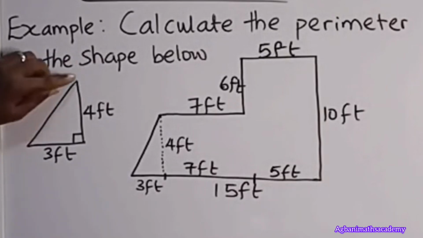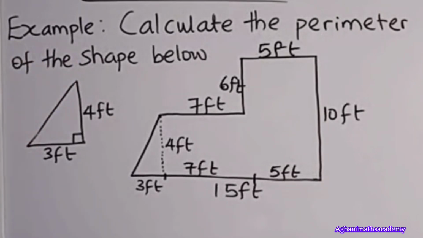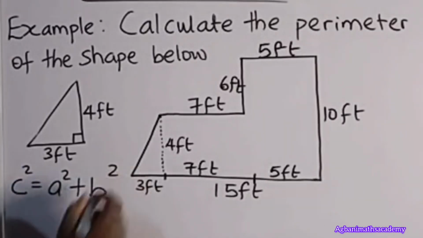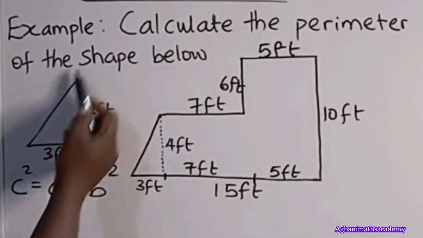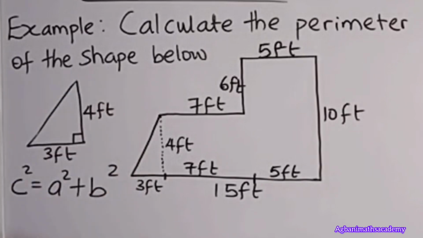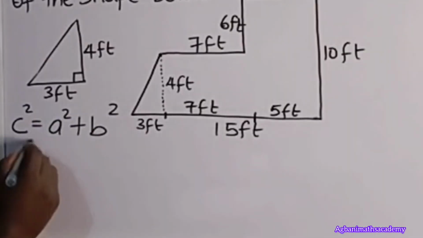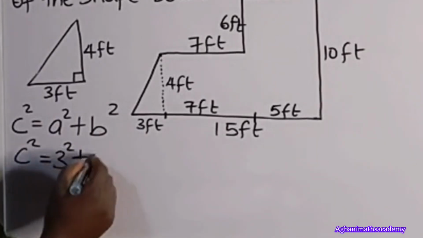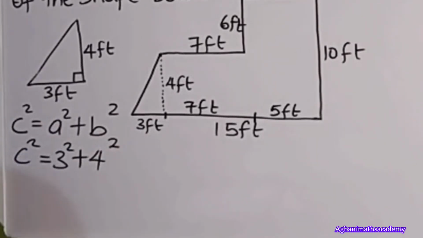Okay. So now let's look at this side. The formula is C squared is equal to A squared plus B squared. C is always the slant side, which is called the hypotenuse. So C squared, we don't know C, is equal to 3 squared plus 4 squared. 3 squared is 9, 4 squared is 16.